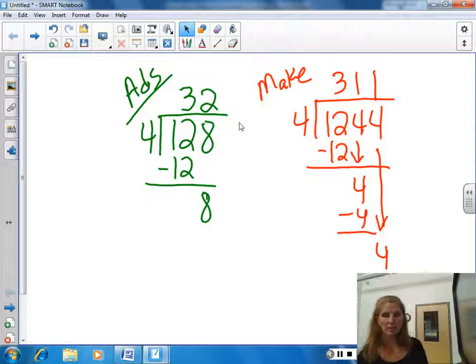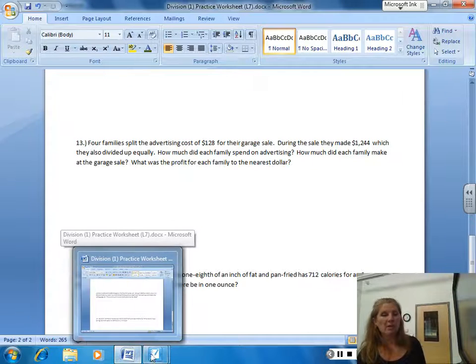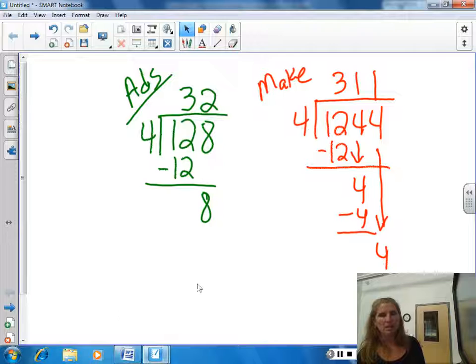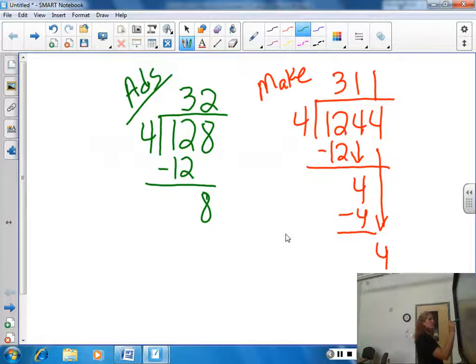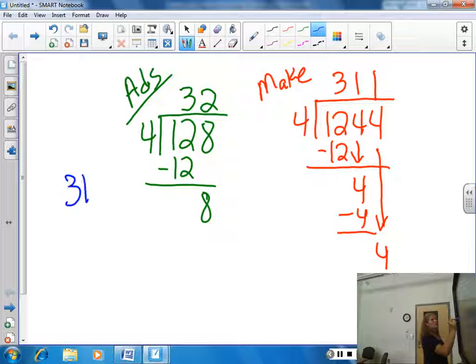That's the second question. And the third was, what was the profit for each family to the nearest dollar? We don't have to round here because they came out nicely. But what the profit is, we had to take the $312 and we have to take off what they paid in ads because that's not profit, that cost them.